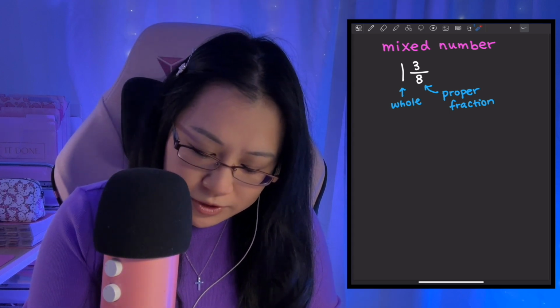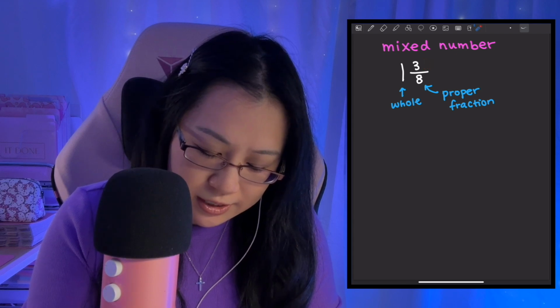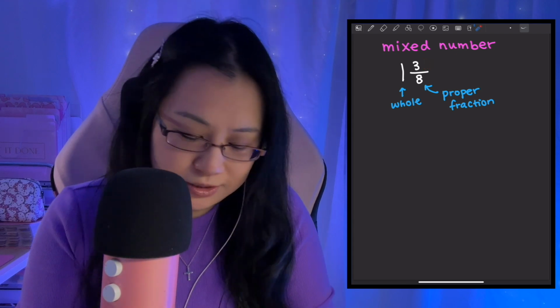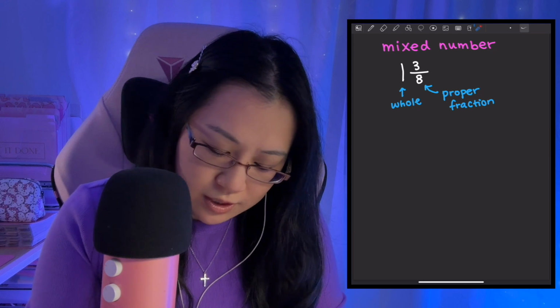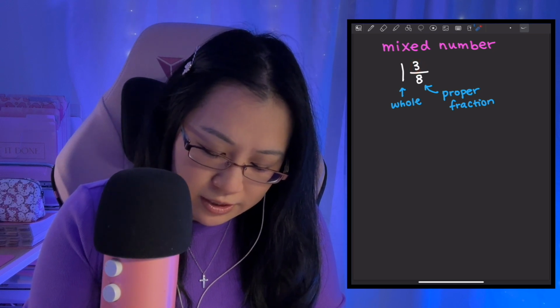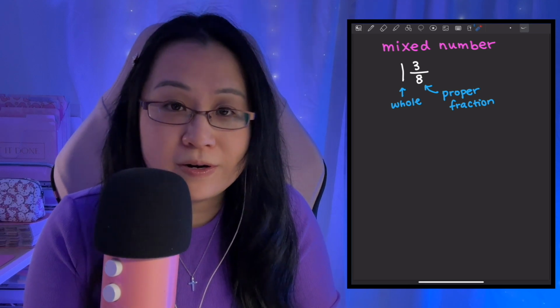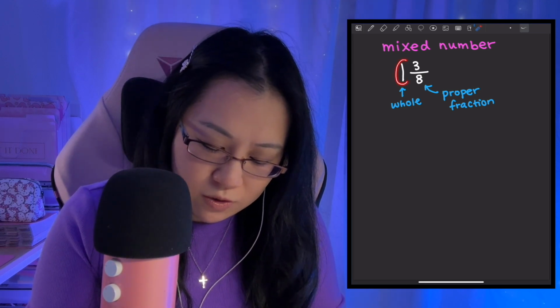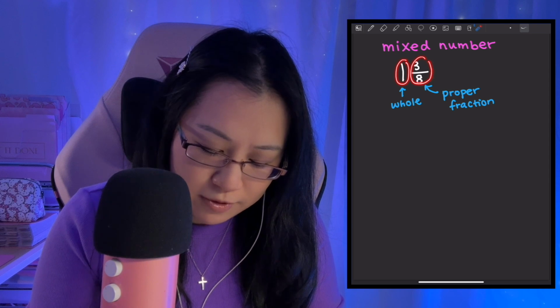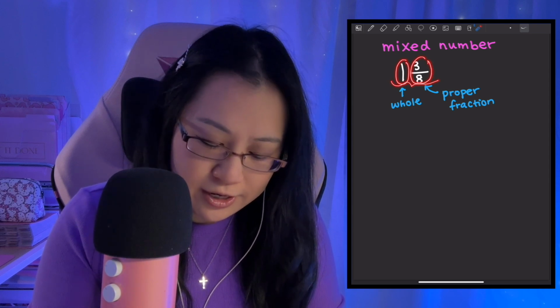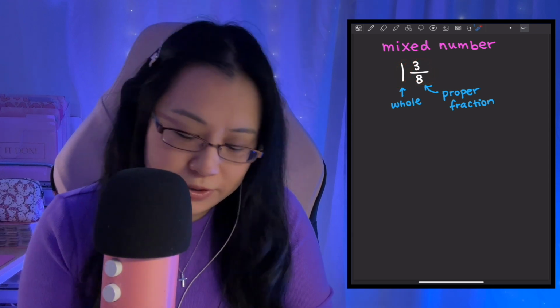So this top number cannot be 8, and it can't be anything greater than 8, okay? So if the top number is less than the bottom number here, we have a proper fraction. So if I have a whole number and a proper fraction together, I have a mixed number.